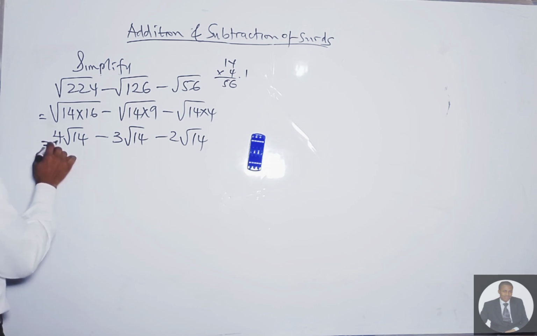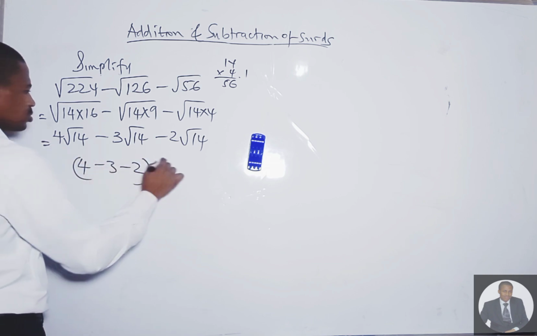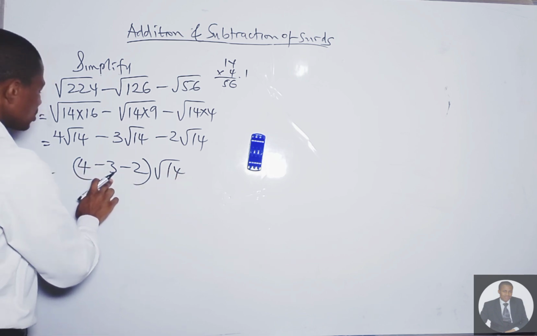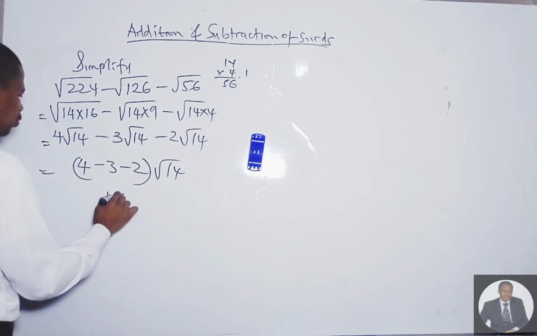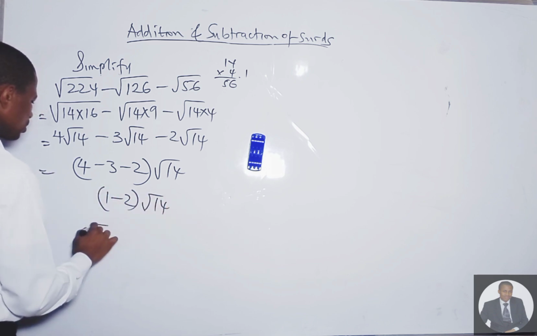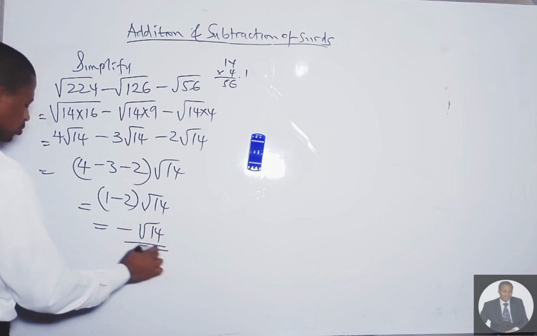So what do we have? We have 4 minus 3 minus 2 all into root 14. 4 minus 3, that's 1. So 1 minus 2 root 14. So that's minus 1 root 14. So that's minus root 14.